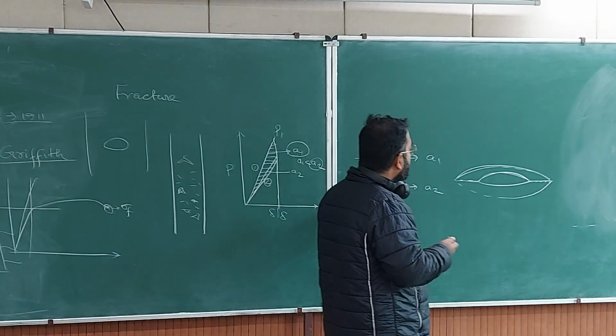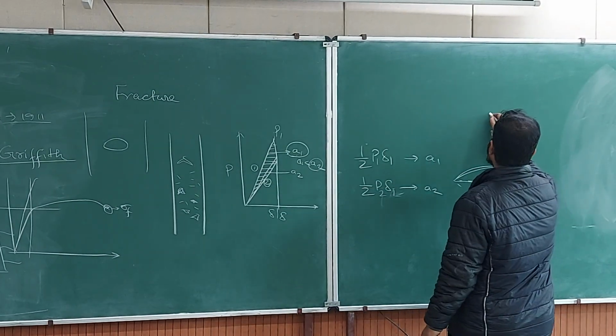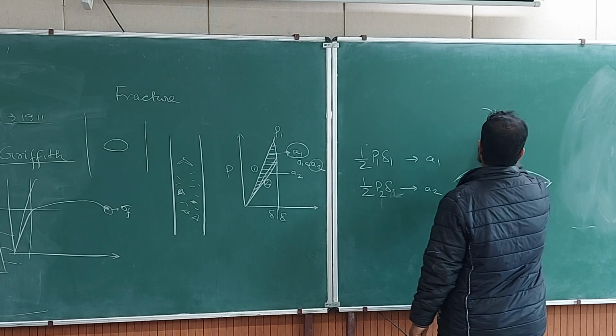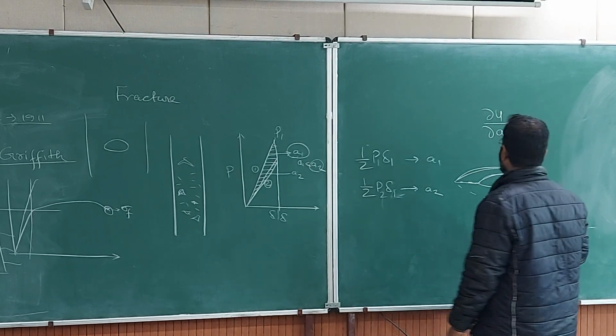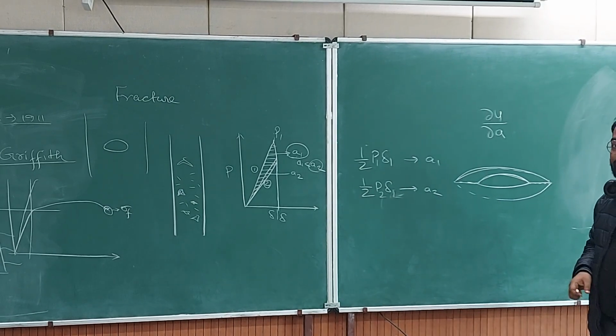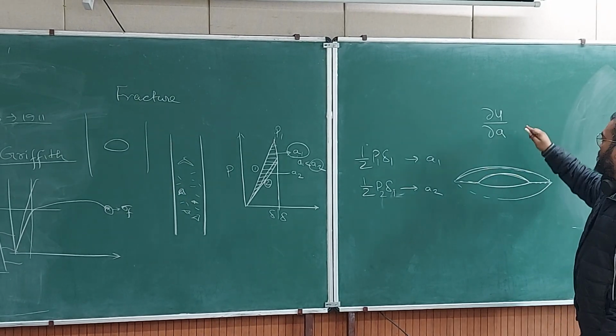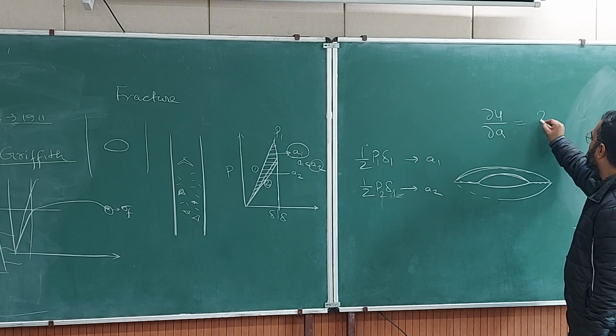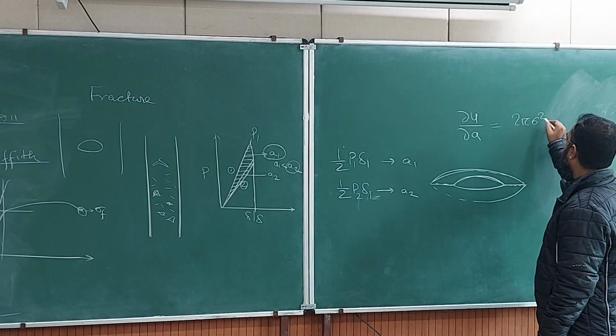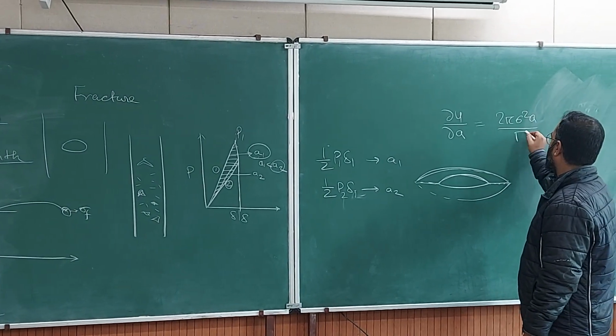So that's what Griffith says, and he calculates the change in potential energy with change in crack length. From the equations of Inglis, he derives this final formula, which is 2 pi sigma square A by E.